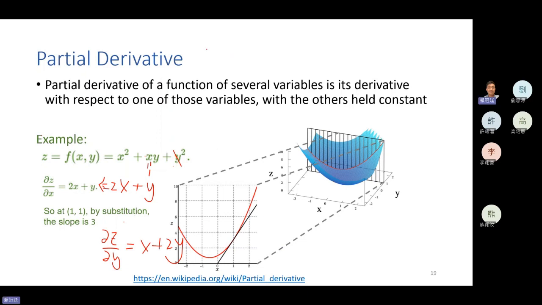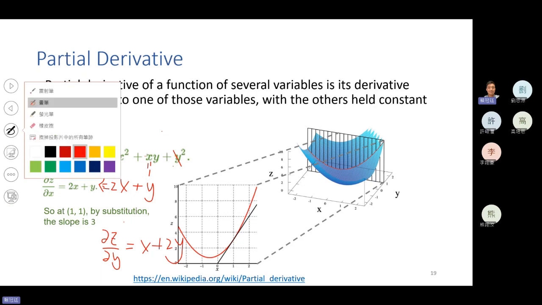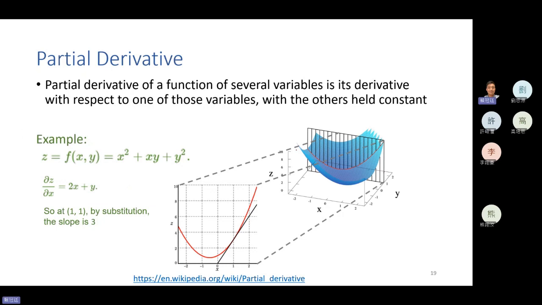So what's the geometrical meaning of this partial derivative? Here's a picture. A function with two variables will be a three-dimensional function. This is a 2D plane, and the partial derivative will be this plane at the point 1, 1. This plane is defined by 2x plus y.